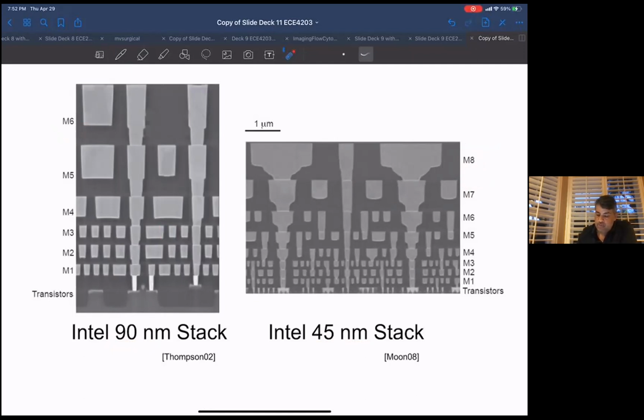Okay, so more metal layers in more advanced processes are very typical. High aspect ratios in more advanced processes are also typical. So the lines tend to be narrower and taller. And this, as we'll see, has some effects on your noise and capacitance values.